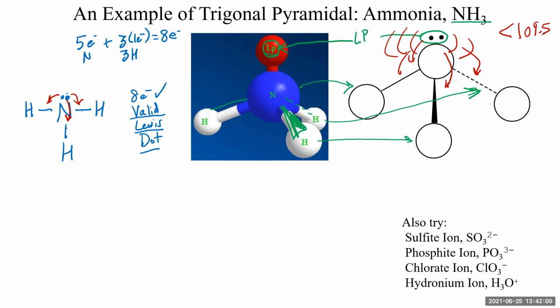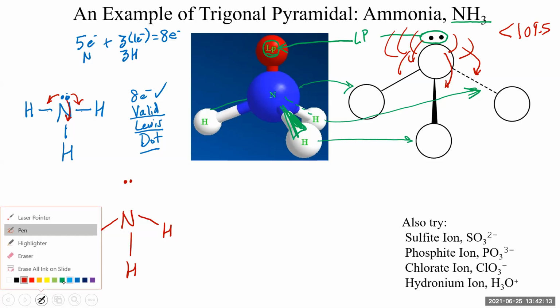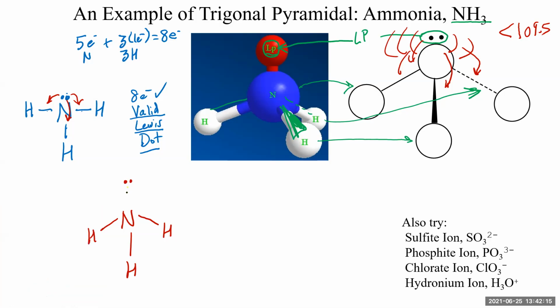Remember, again, you don't have to use wedges and dashes. Think of this as a tetrahedron. For illustrative purposes only, I'm going to make the lone pair look like it's being bonded, just like you would in a tetrahedral molecule. Well, just like in a tetrahedral molecule, all 4 positions occupy space.